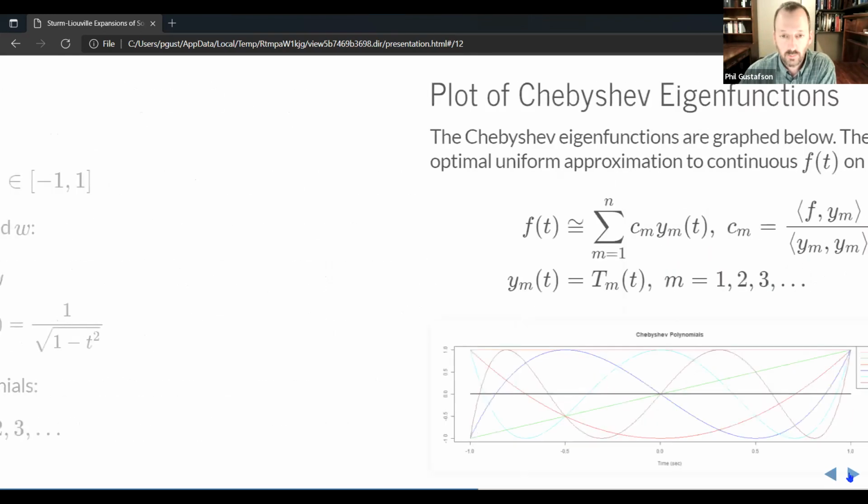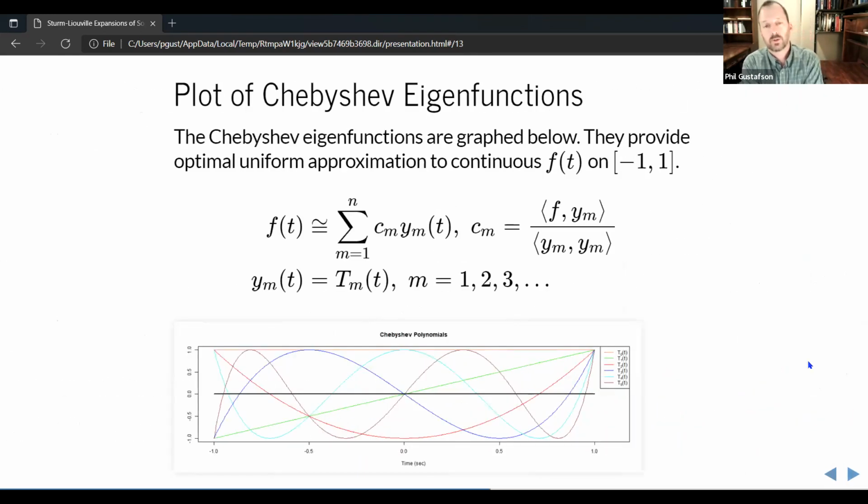One of the advantages of using Chebyshev polynomials in representing functions is that they'll provide an optimal uniform approximation if your function space is comprised of continuous functions on an interval. In particular, the home interval for Chebyshev polynomials is -1 to 1. And so the first several of the Chebyshev polynomials are graphed on this slide.